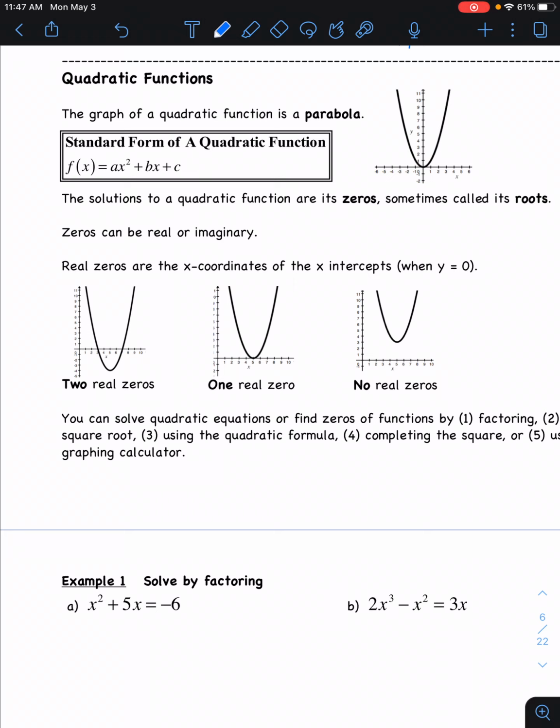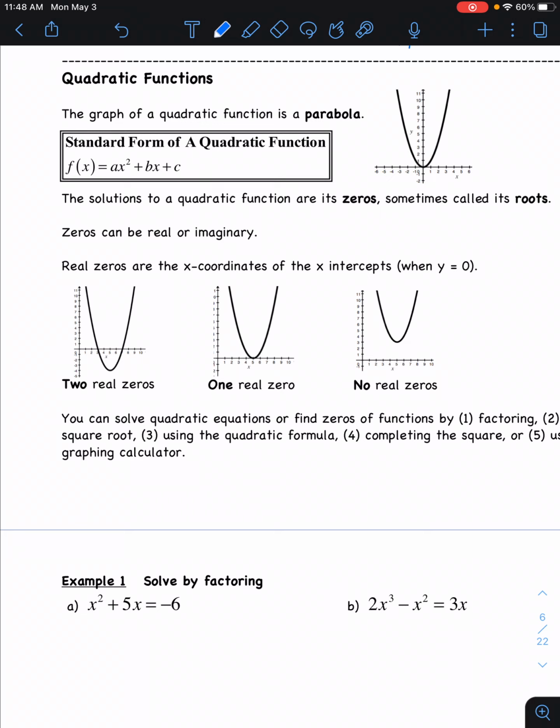So again, anything that has an exponent of 2 is a quadratic, and it would form a parabola. Now, the solutions to a quadratic function are its zeros. Sometimes we call them its roots. You'll hear me interchangeably calling them zeros or roots. They're the same words, synonyms.